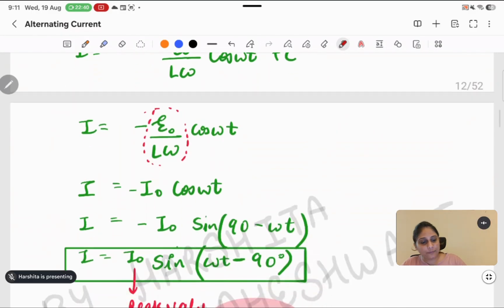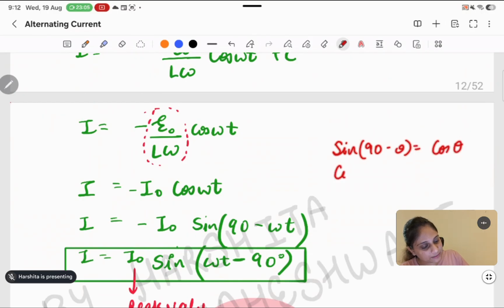Now we are writing E naught by L omega as I naught. Now cos omega t. Then we have a mathematical trigonometric rule again for NEET. It may be a little difficult because in class 11 we never did integral trigonometry in maths. So we have a formula that sine 90 minus theta is cos theta, and similarly cos 90 minus theta is sine theta.